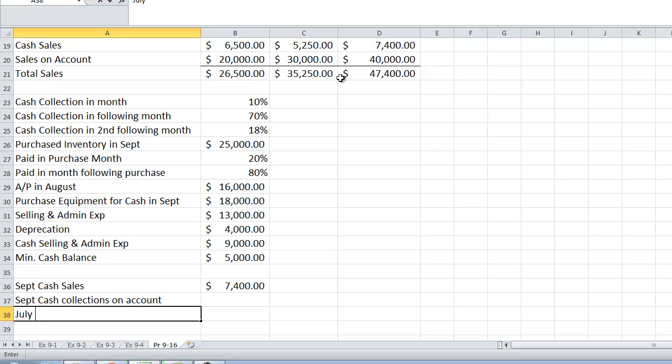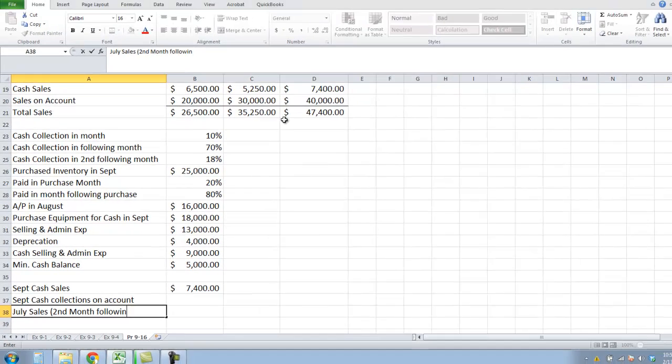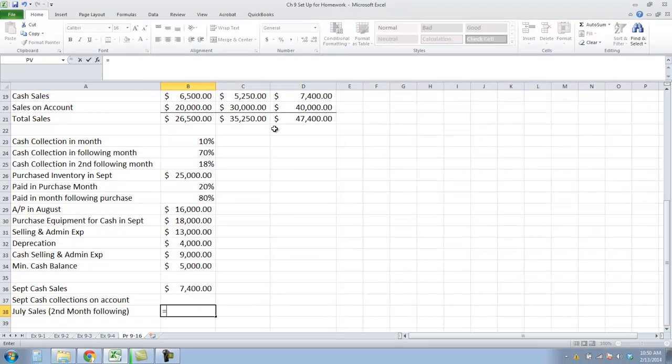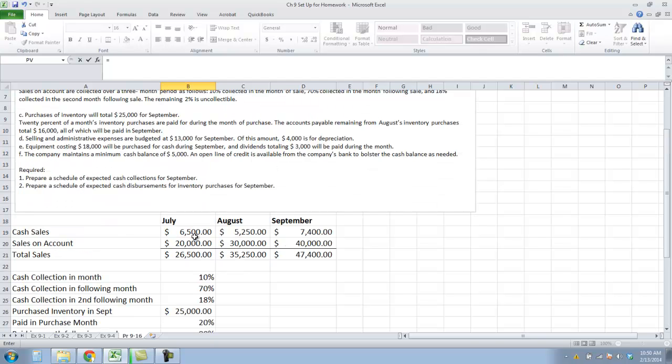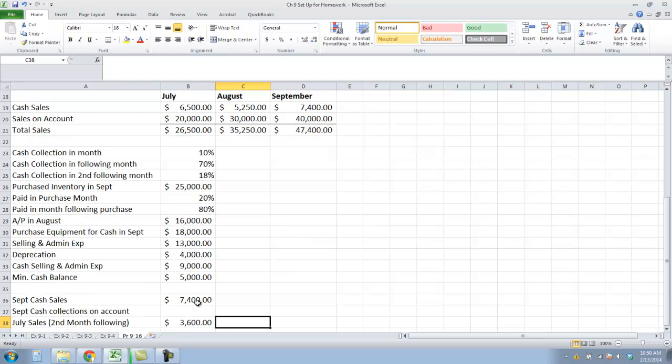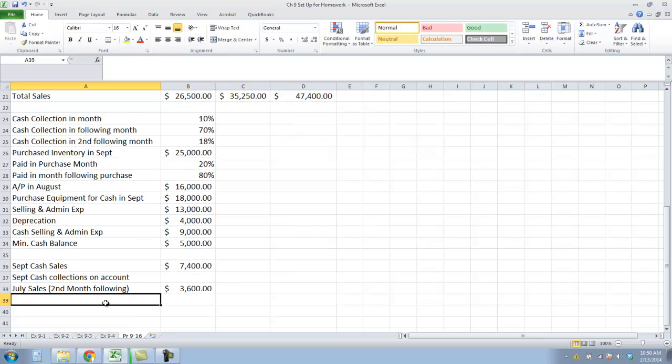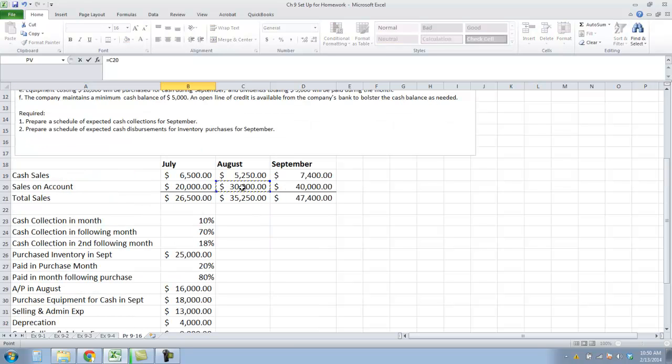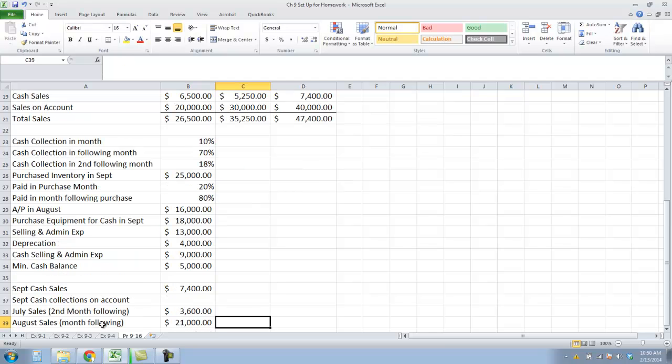So we have July sales, and this would be the second month following. So we take July sales on account, and we multiply by the second month following number, which is 18%. Then we take August sales, and August sales on account was 30,000, and month following is that.